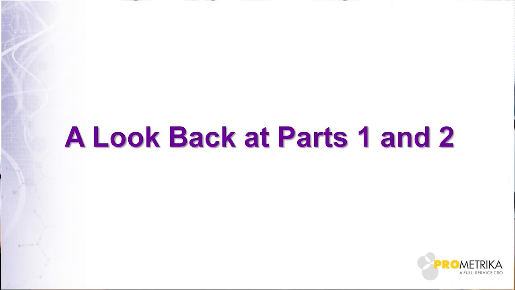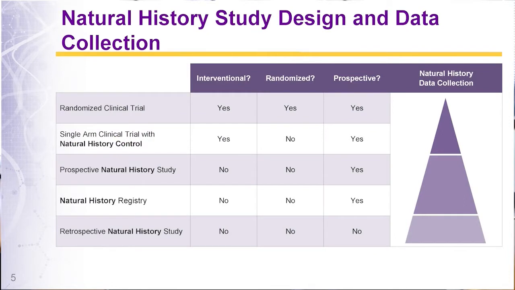A quick look at parts one and two. We covered the various types of natural history studies and talked about the spectrum and what the level of natural history data collection is for these different types along the spectrum, starting from retrospective natural history studies that are almost completely made up of natural history data, registries similarly, and going to randomized clinical trials that have parts of them collecting natural history data, such as medical history, or randomized clinical trials that borrow from natural history data in their analyses.